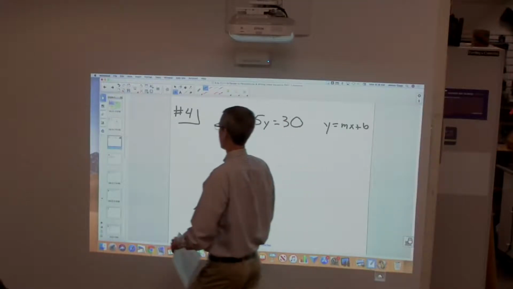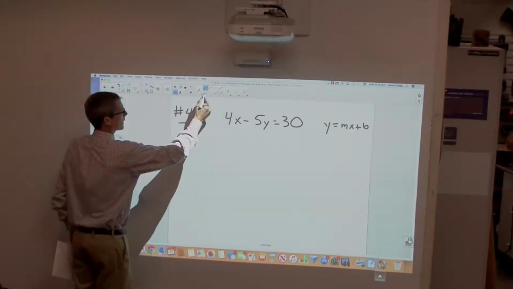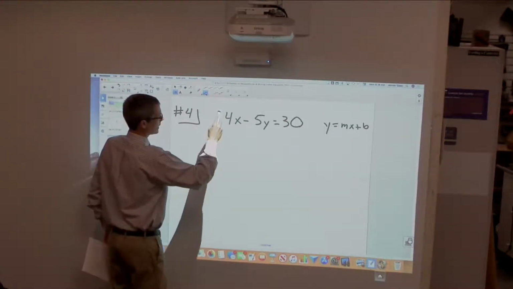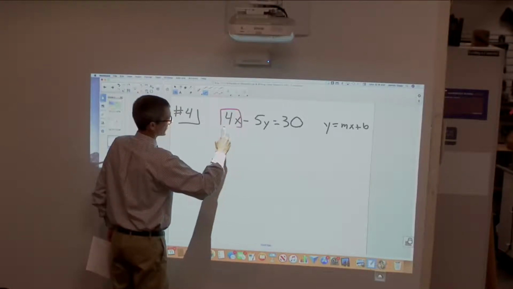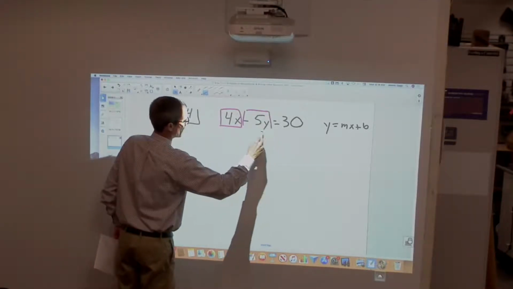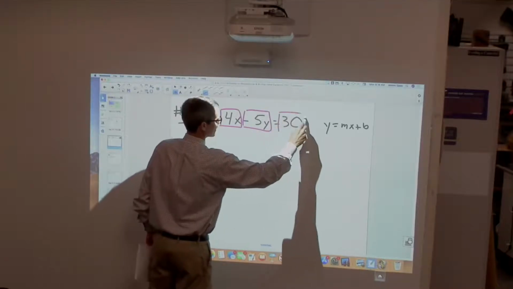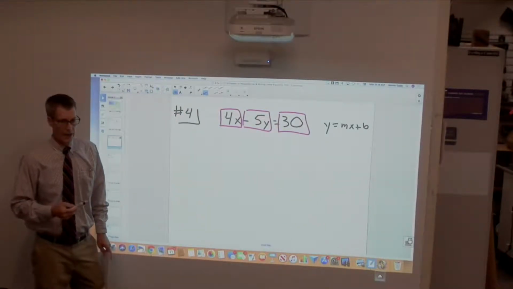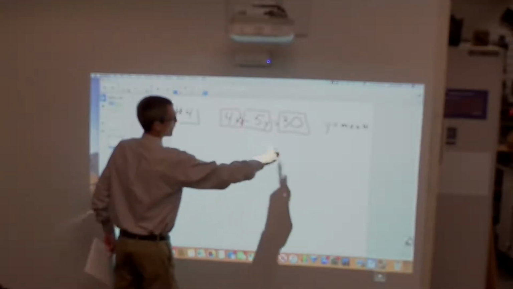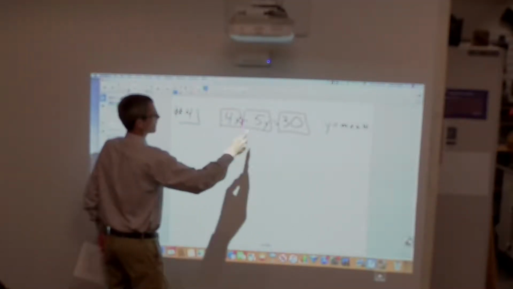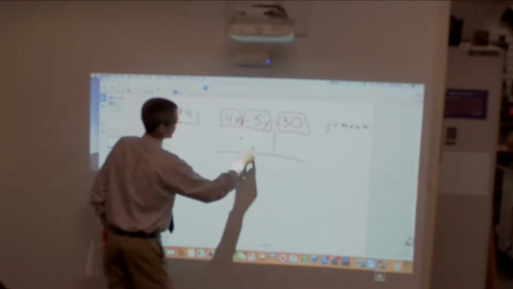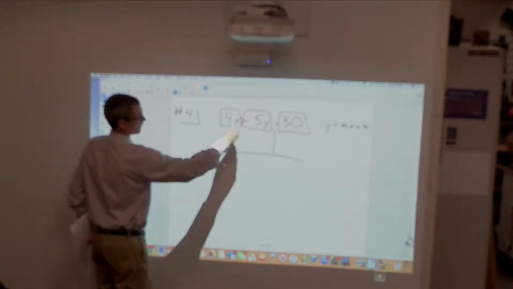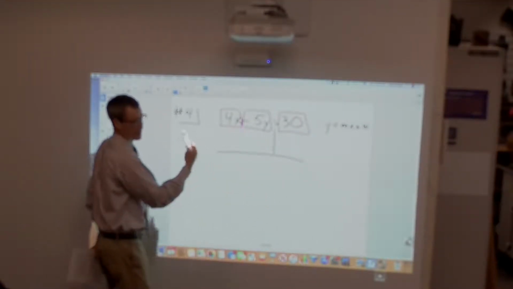And when I do that, I've got some work to do. Remember we were saying, or maybe I was saying, that each of these, I think of them like as in their own little box. And what I have to do is I have to get y equals. So in order to do that, I need to move the 4x over there. I can switch these two around, 4x and negative 5y, all I want, as long as I stay on this side of the equal sign.